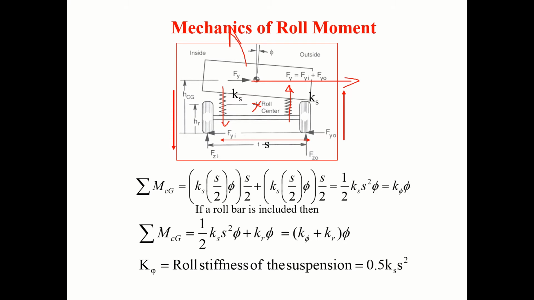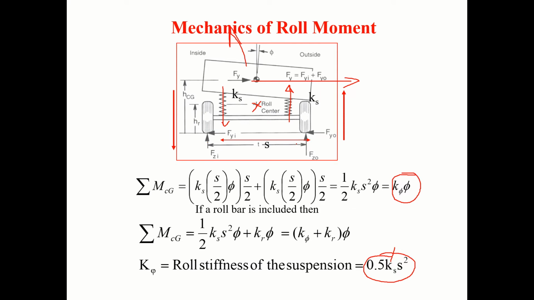So that's how we have brought in the concept of roll moment. Kφ is called roll stiffness. That is nothing but this one, where the stiffness of the suspension spring is important.